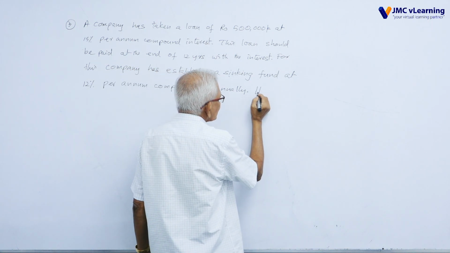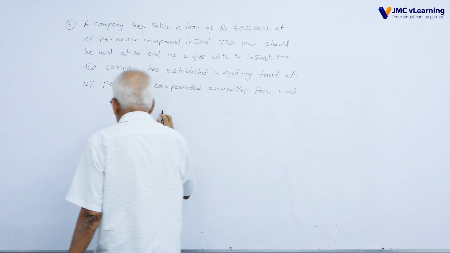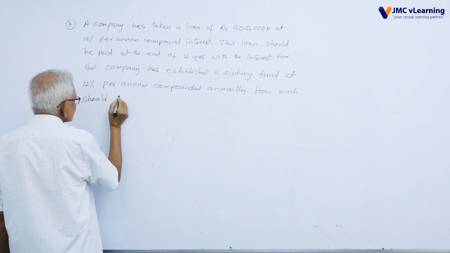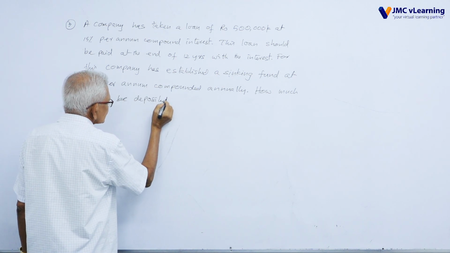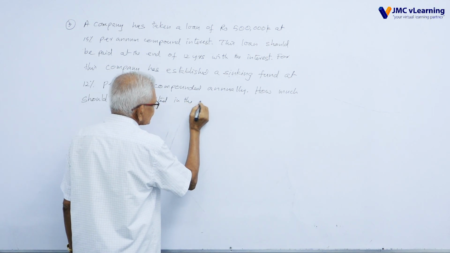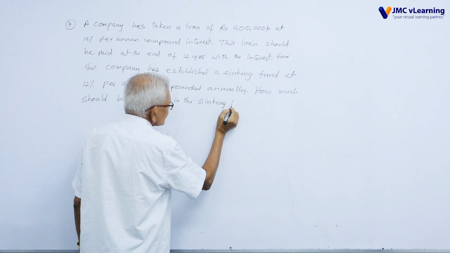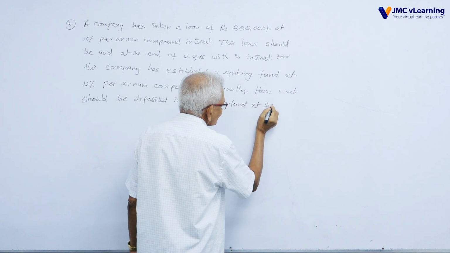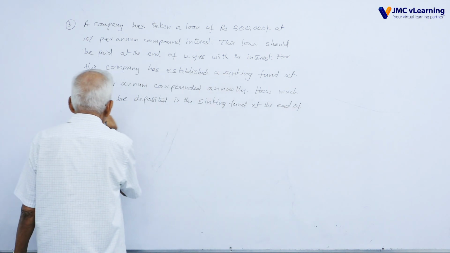How much should be deposited in the sinking fund at the end of every year?